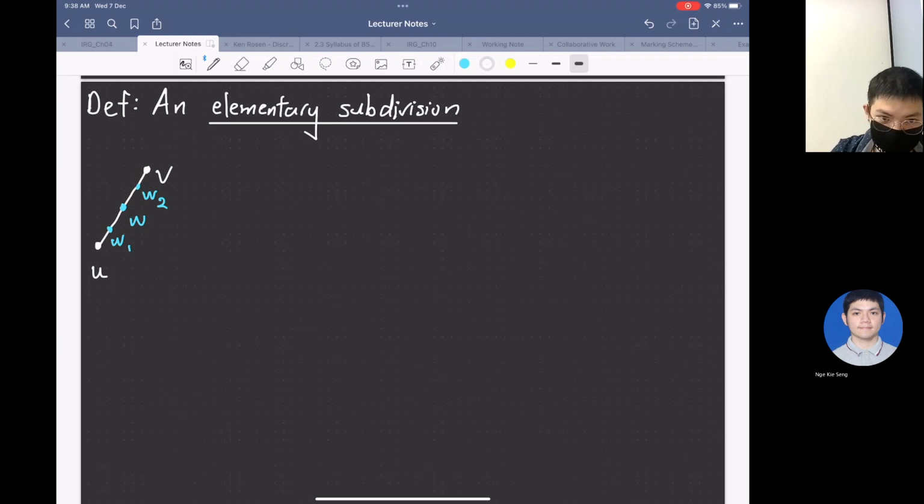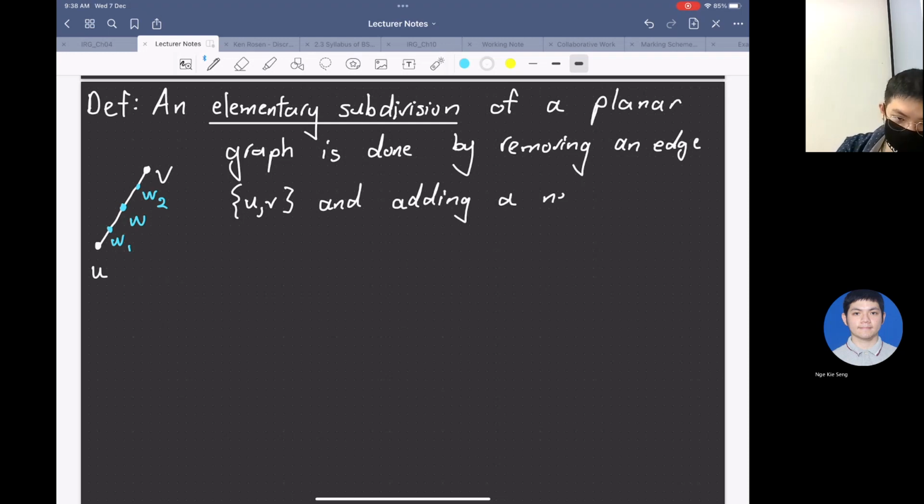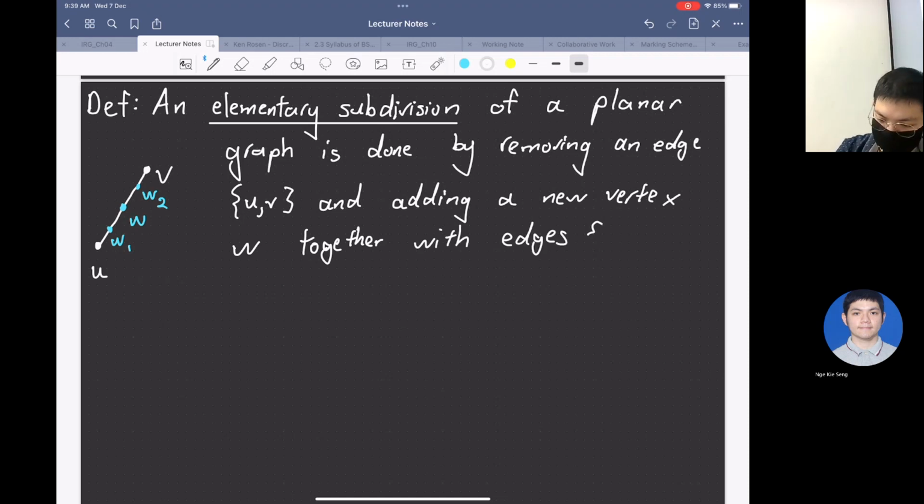So a precise statement: an elementary subdivision of a planar graph is done by removing an edge UV and adding a new vertex W together with the two edges, UW and WV.